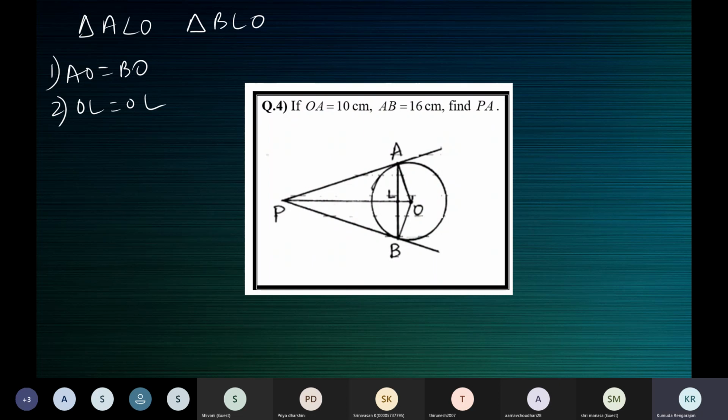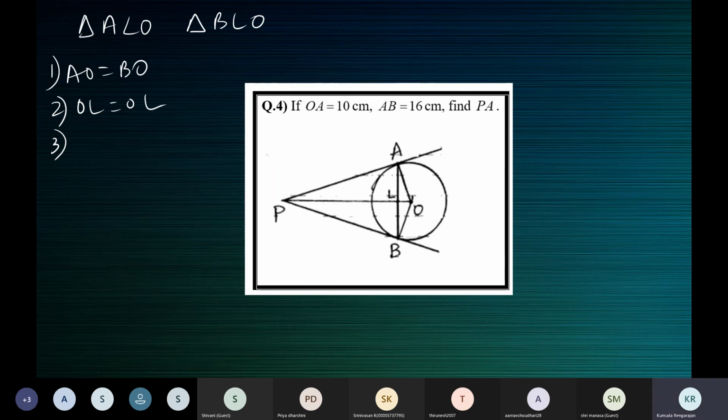So the others, please volunteer. Not Tirunesh, not Priyadarshini, somebody else tell me. What's the third equality? In triangle ALO and triangle BLO, AO is equal to BO, radii.